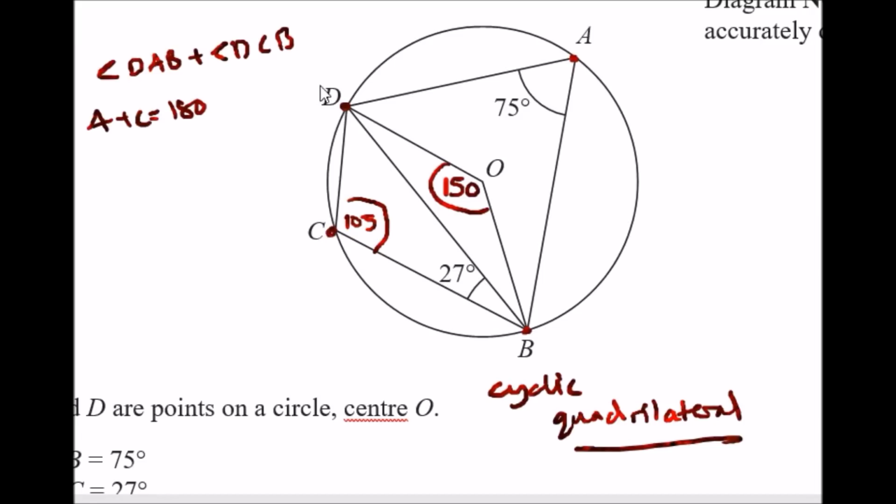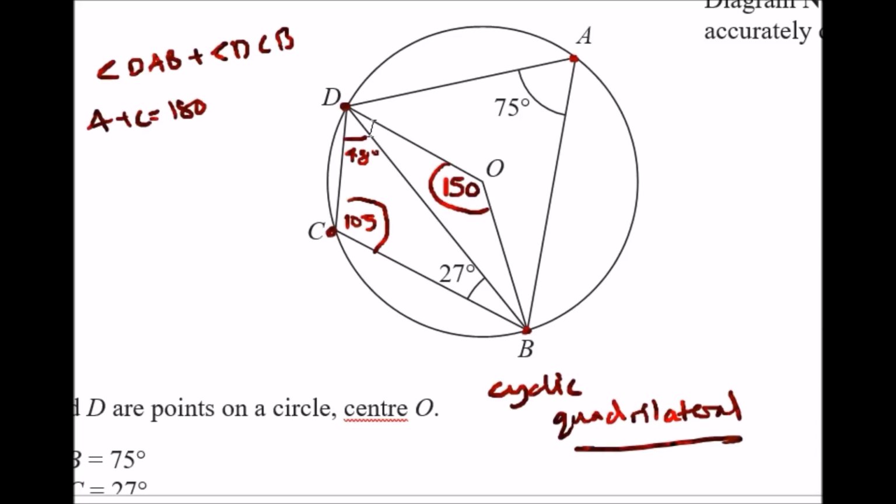The sum of all angles in a triangle is 180, so we have 105 plus 27 plus this missing angle. If you add up 105 and 27 and subtract it from 180, you should get 48 over here. Cool, almost done.